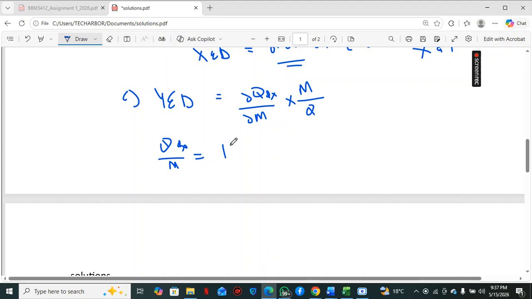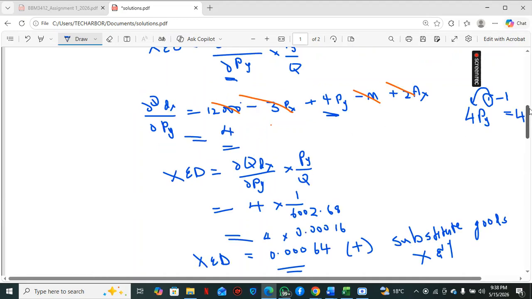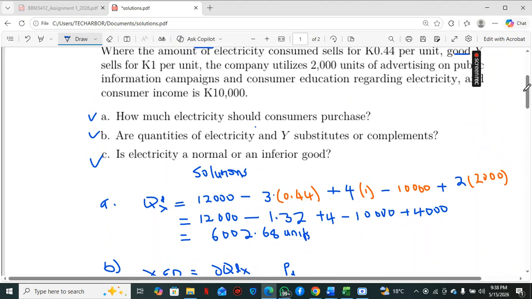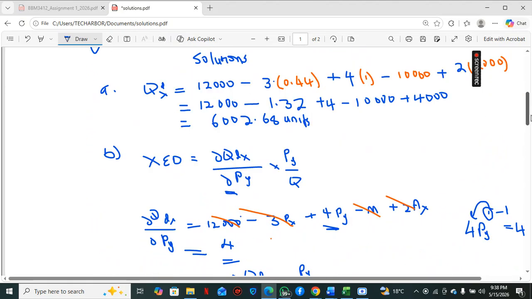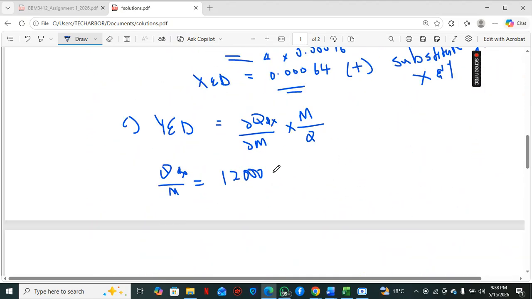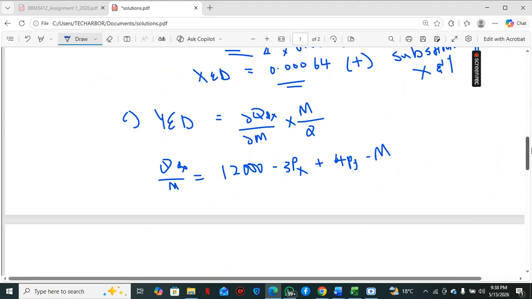Our demand function was 12,000 minus 3px plus 4py minus m plus 2a.